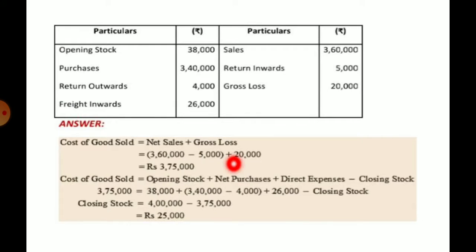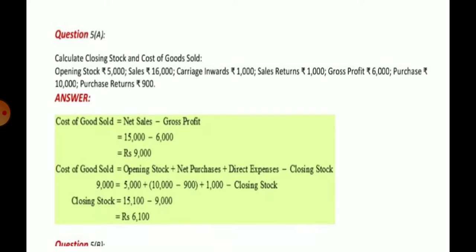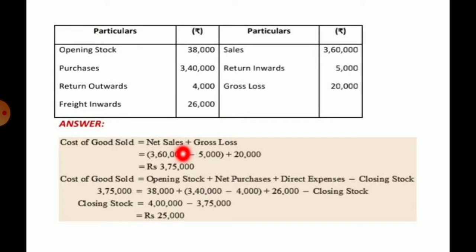Another question, again you have to find the cost of goods sold and closing stock. The same procedure is applied here, but there is something new, that is gross loss. If gross profit is less in the formula, gross loss will be added back.